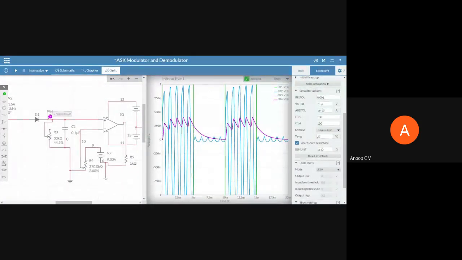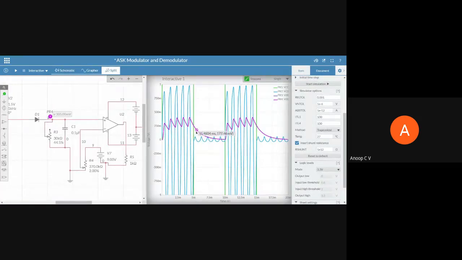Maybe we should keep the reference somewhere here, that is below this. Say this bottommost point is 182 millivolt. So if I keep the reference somewhere here, what will happen?